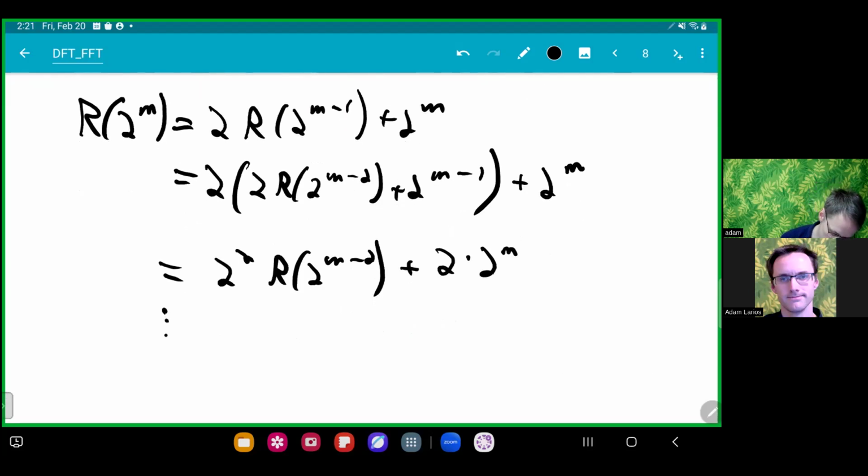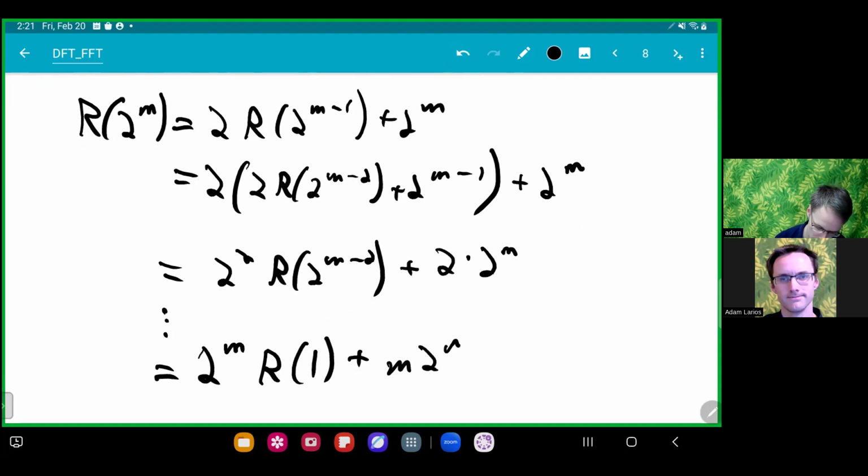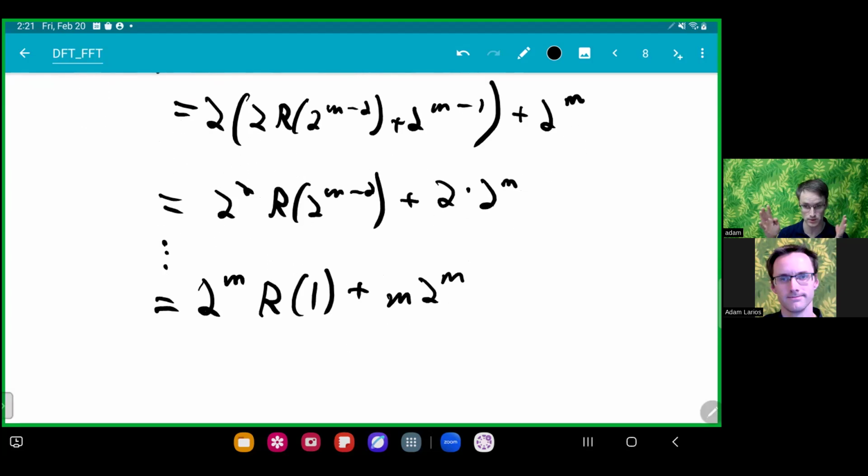If we keep going all the way down, we'll get down to 2 to the m times R, the cost of just computing the Fourier coefficient for one data point, where you just return the data point itself. That would be a constant trigonometric polynomial. And then these 2's will keep accumulating. How many times? Well, we need m steps to get down to the bottom.